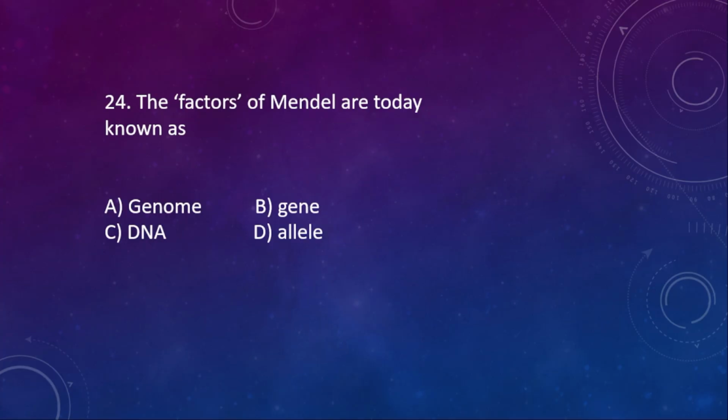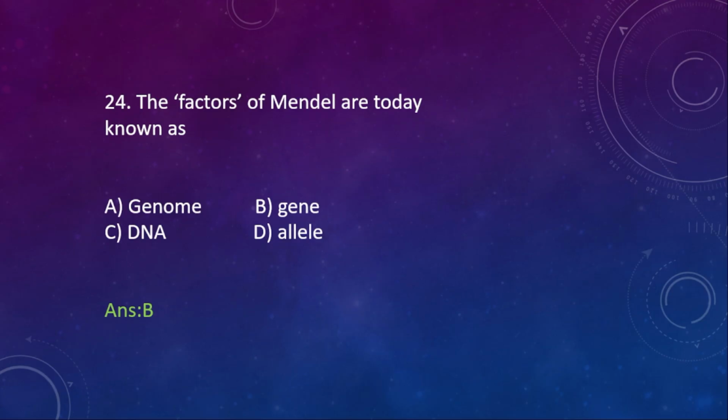Next one, 24th. The factors of Mendel are today known as: option A, genome; B, gene; C, DNA; D, alleles. So here the right option is option B, gene. Gregor Mendel, often called the father of genetics, performed experiments on the pea plant in the 1860s for about 7 years.